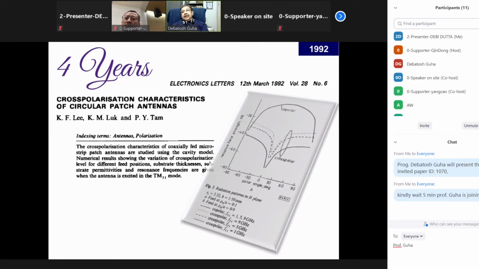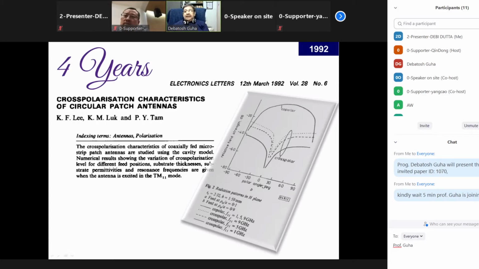And actually, it is very close to today's mode of presentation, what we do nowadays. And I see Professor Lee, his students, Professor Luk, and another co-author, P. Cam. They calculated the cross-pole and cross-polar radiations in a different form.